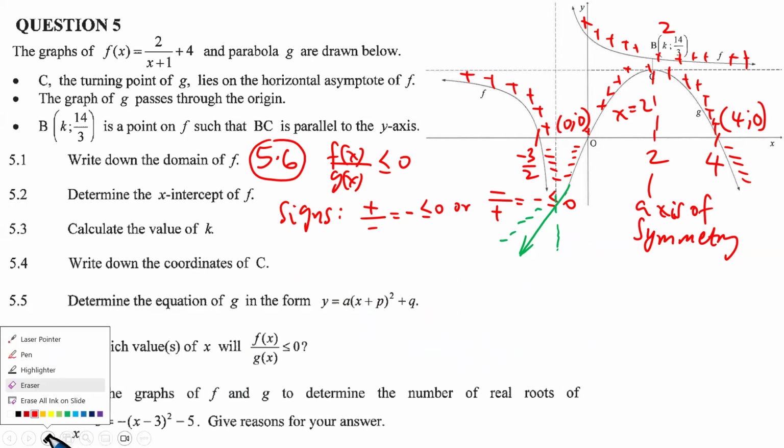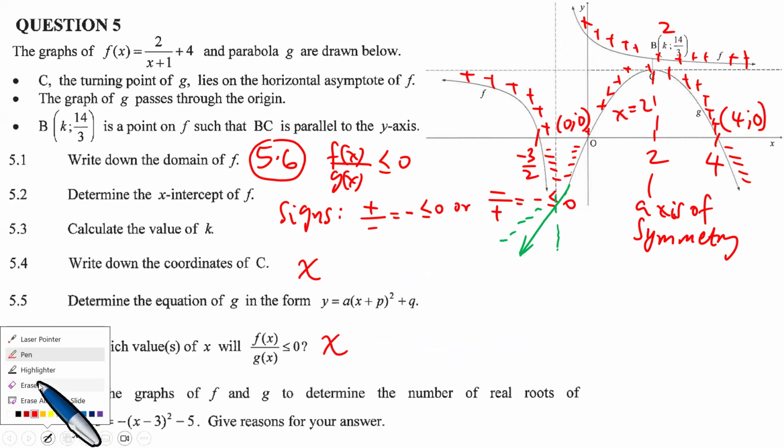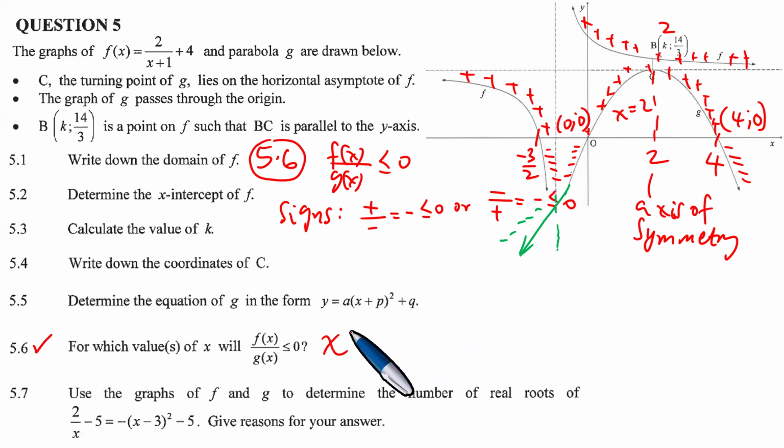What do we say? We say that we have the part where the functions have opposite signs. One is positive and the other is negative. So it's positive here and it's negative there. That is clearly seen, for example, at this point. This one is positive and this one is negative. So we can see clearly when x itself is less than or equal to minus 3 out of 2.